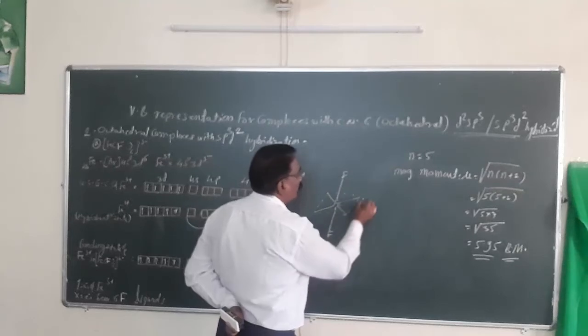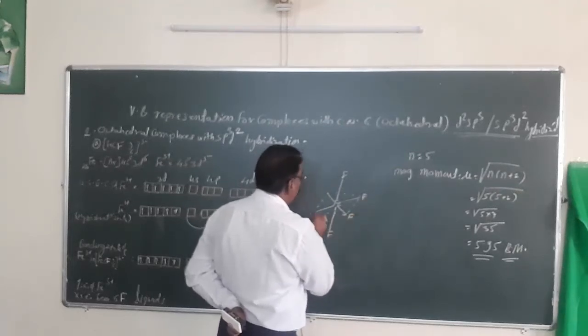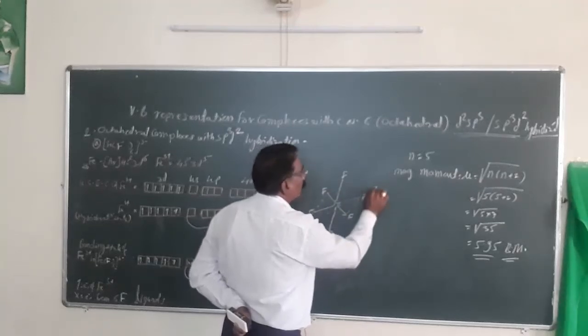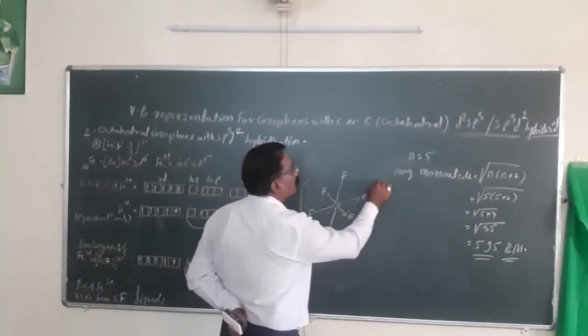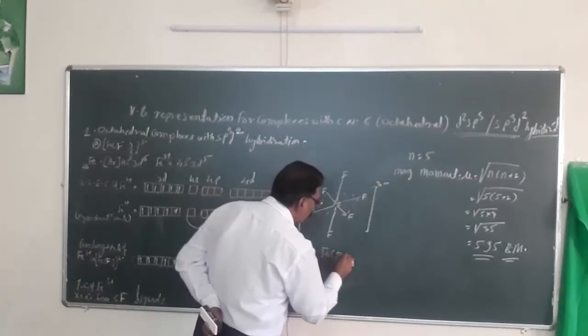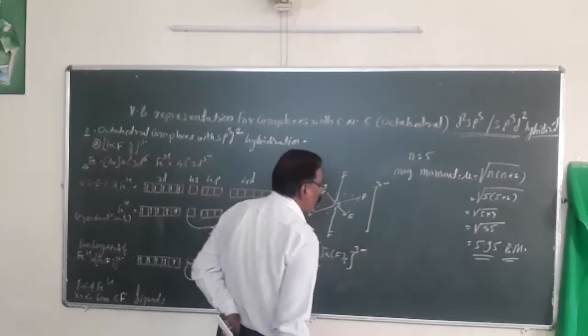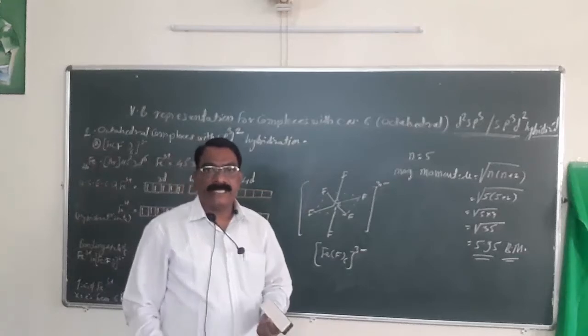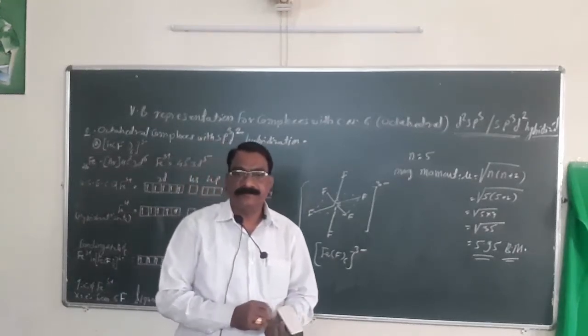So here we have FeF6 3 minus, the octahedral complex.